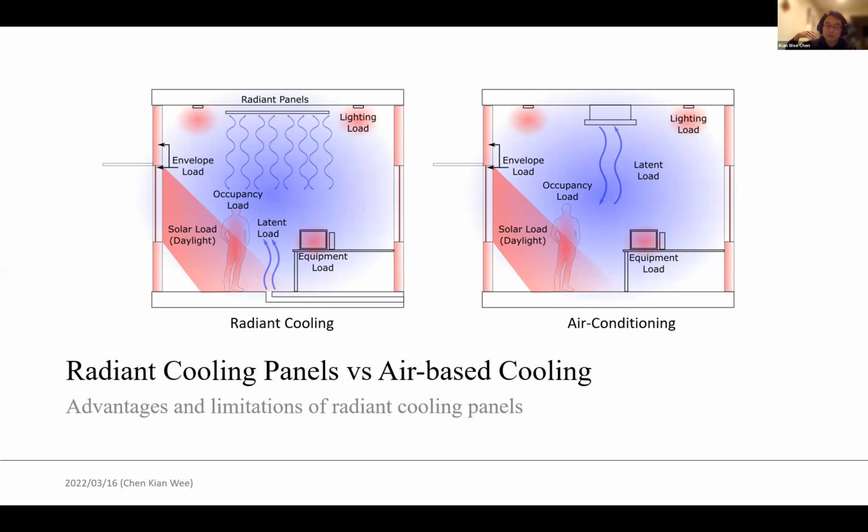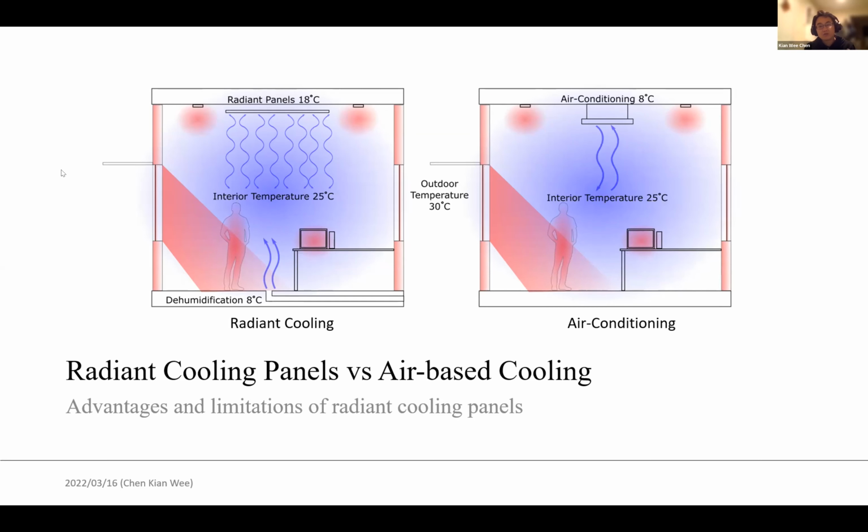So you are actually cooling the occupants not through air but through radiation. Essentially how the sun warms you up is through radiation. So you're exchanging heat with the sun through radiation. And for the cooling panels, it's the same idea. You're losing heat to the radiant panel, and so you get cool.